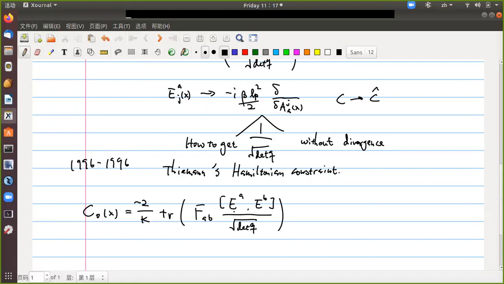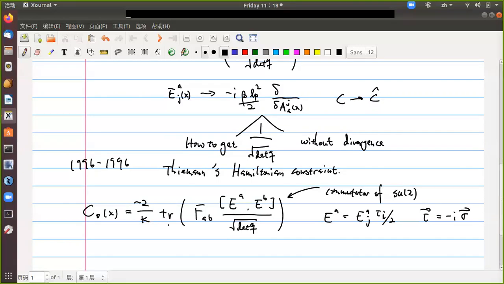It is just the commutator of the SU(2) Lie algebra, namely the commutator of 2x2 matrices, because E^a is E^a_j tau_j divided by 2, where tau_j is minus i times a Pauli matrix.